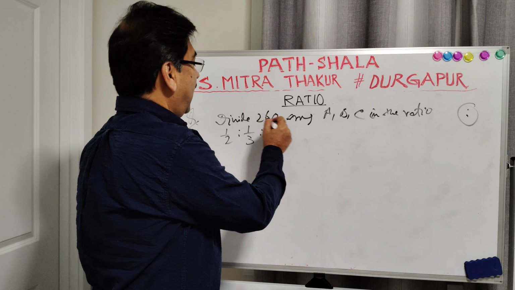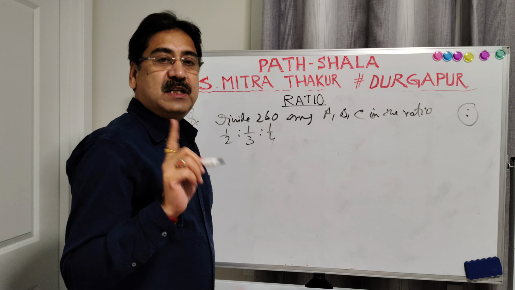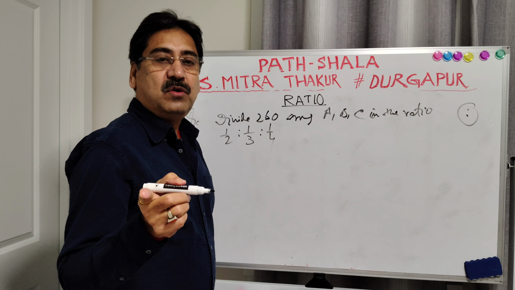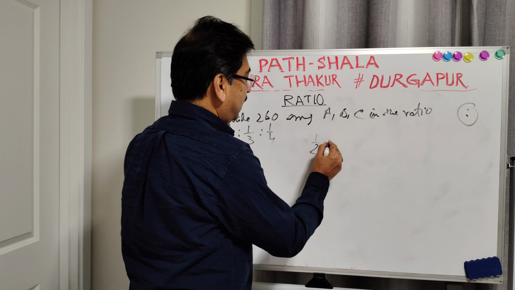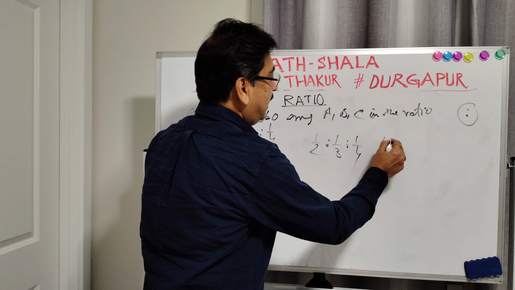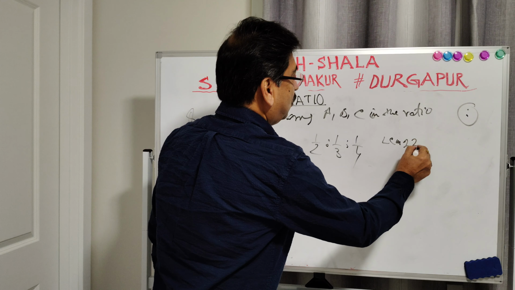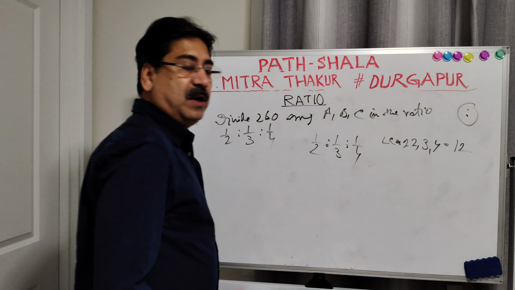Here the ratio is given in fractions, so it will be converted to whole numbers. That is 1 by 2 is to 1 by 3 is to 1 by 4. LCM of 2, 3, 4 is equal to 12.